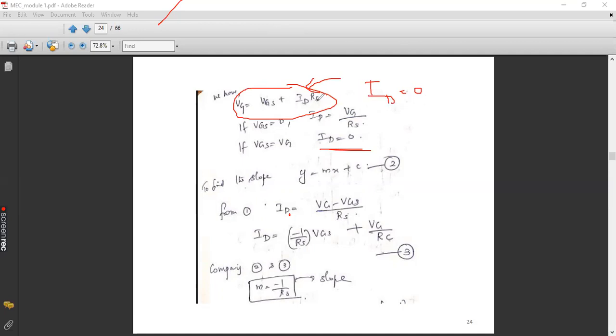So put ID as 0, then the value of VGS will become equal to VG. So whenever the drain current is 0, then the gate to source voltage will be equal to the gate voltage because there is no drop across RS. Please remember the circuit, turn your pages.